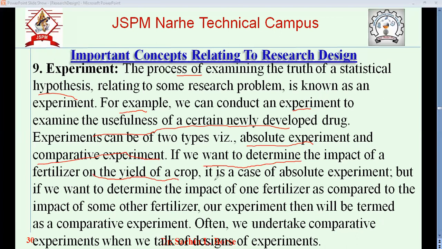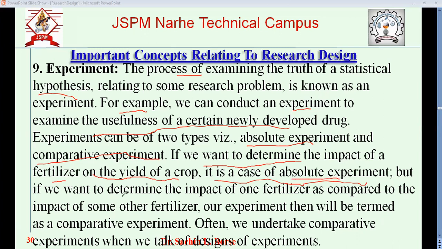It will be an absolute experiment. We are not comparing fertilizers or crops. We are just saying with and without fertilizer, what is the impact on the yield? So it is an absolute experiment.